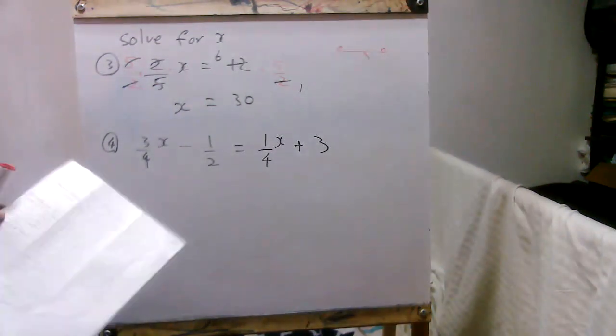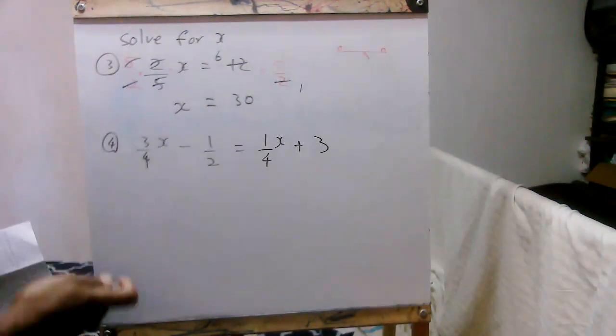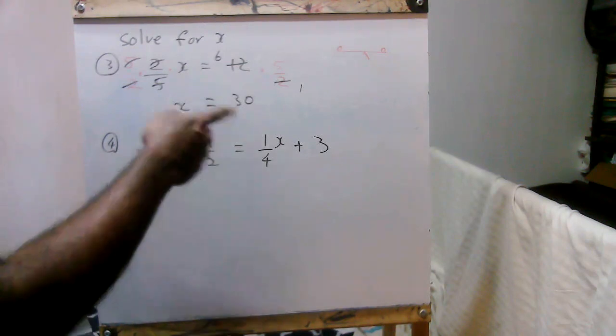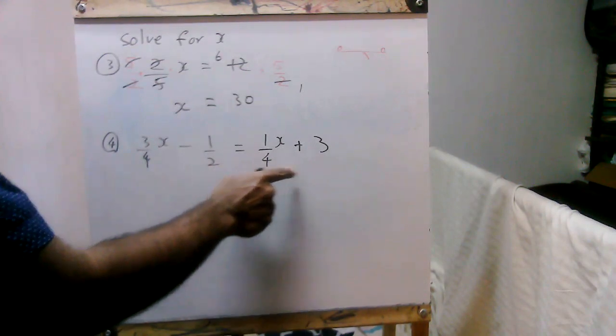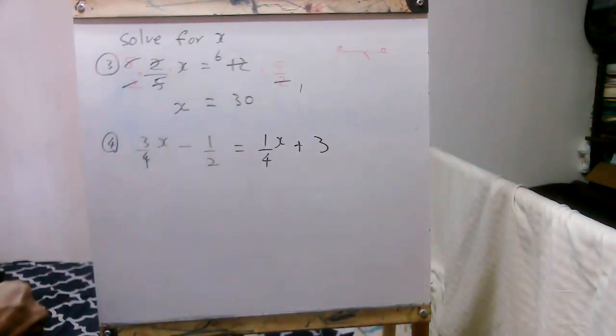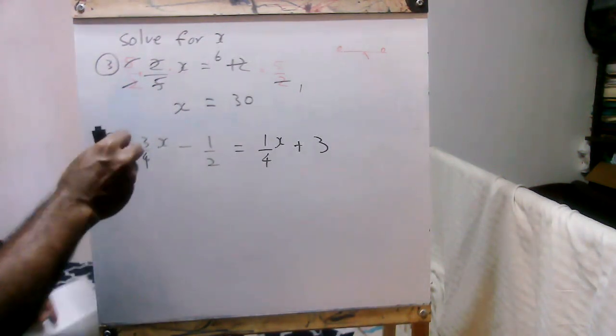Now for this type of questions, what we can do is we can multiply the whole equation by the least common denominator. In this case, between 4, 2 and 4, here it is 1. We can multiply the whole equation by 4, which is the least common denominator.